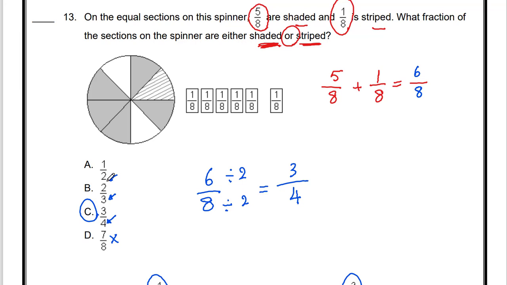So I have left 2, 3, and 4. I cannot make the 8 to be 3. So I will think first of the 2 and the 4. How to make the 8 to be 4? Divide by 2. How to make it 2? Divide by 4. But we cannot divide by 4, so the only way here is dividing by 2. That's why, my hero, it's 3/4. Okay, Muhammad, is it okay now? Yeah. Okay, thank you, my hero.